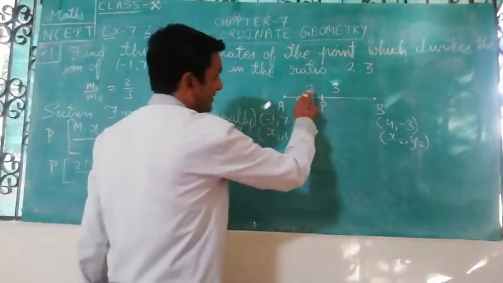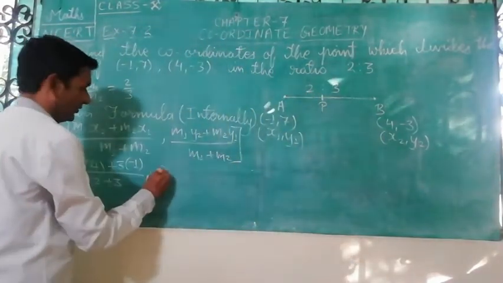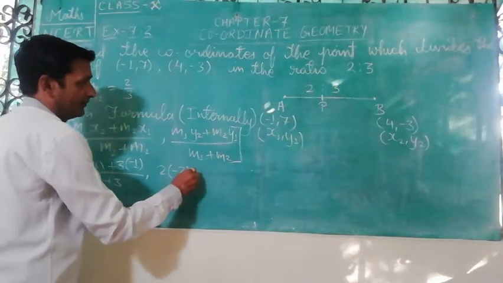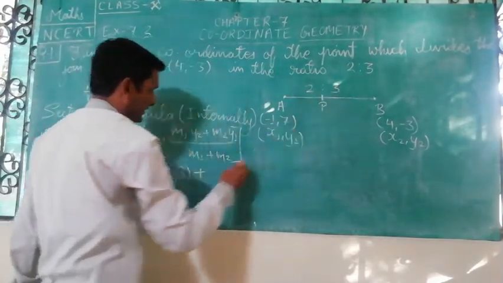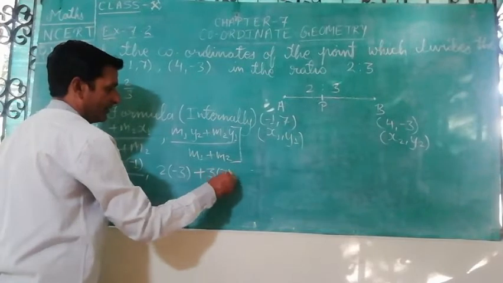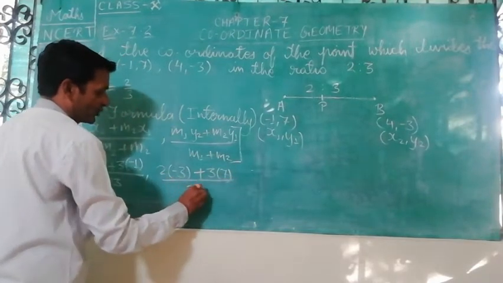And m1 y2 means 2 into minus 3 plus 3 into 7, that is m2 y1, upon m1 plus m2, that is 2 plus 3.